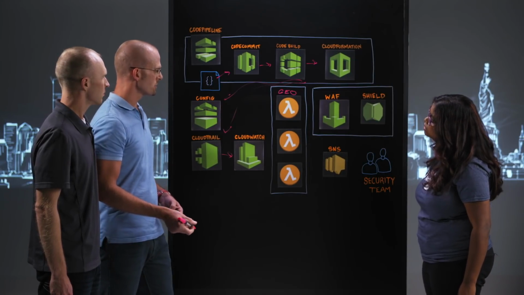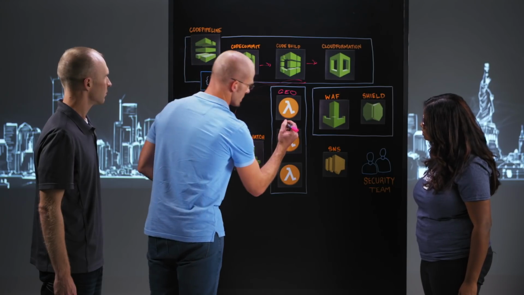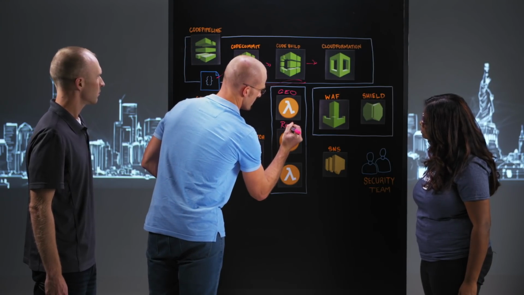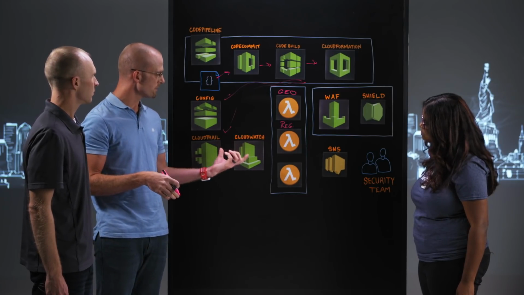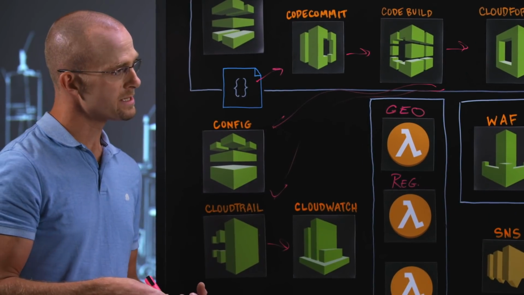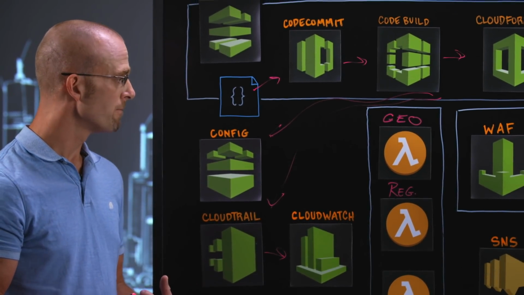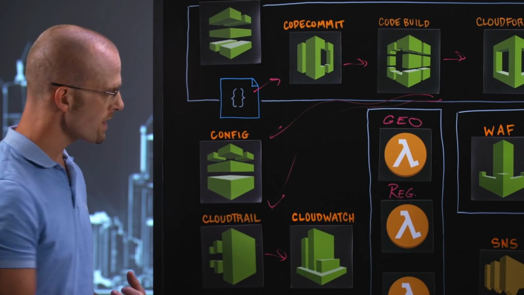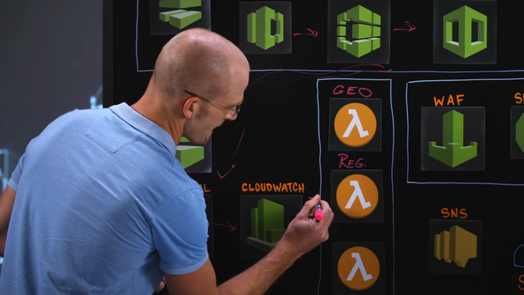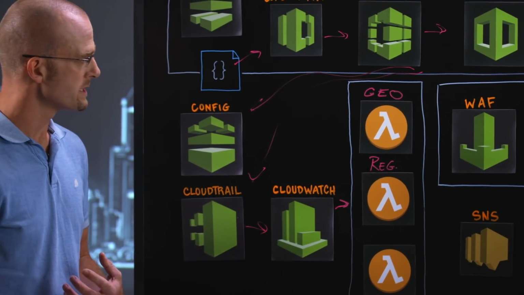So the second Lambda function is more of what I would call a registration or association function. The purpose of that is once we receive a CloudWatch event that a new resource has been instantiated and spun up, we check to make sure, is this resource protected? Let's take an ALB or an ELB, for instance.